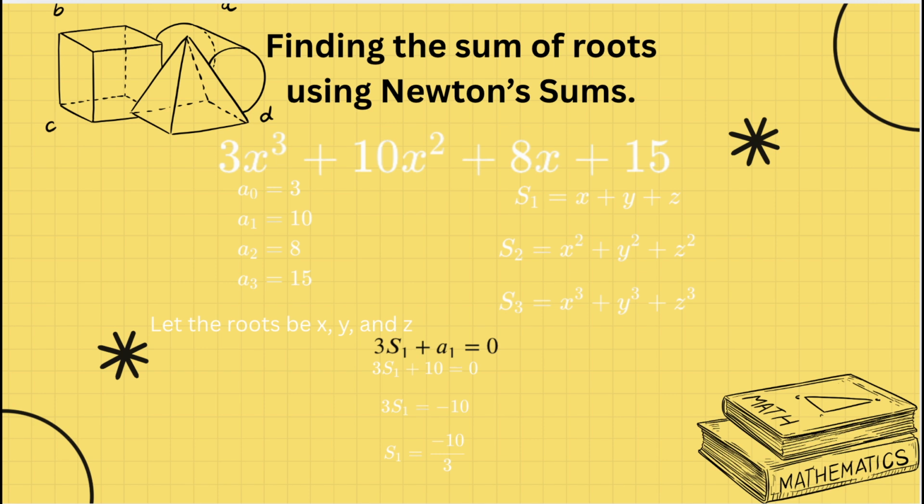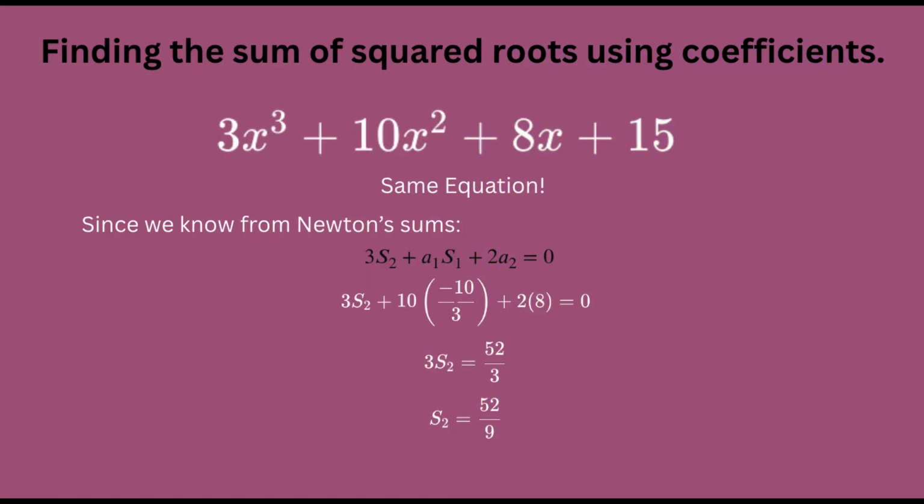And then you can substitute into the formula, which is that 3S1 plus A1 equals 0. Substituting, 3S1 plus 10 equals 0. 3S1 equals negative 10, and then S1 equals negative 10 over 3. This is the same equation: 3x cubed plus 10x squared plus 8x plus 15.